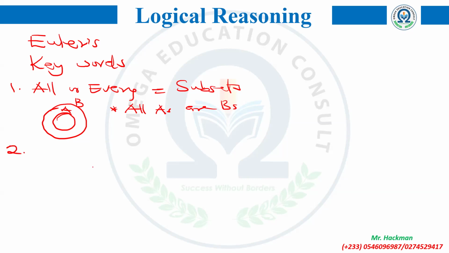Now you come to two. Another keyword that you need to look out for will be some, not all, and its associated synonyms. And that will give you intersecting sets.